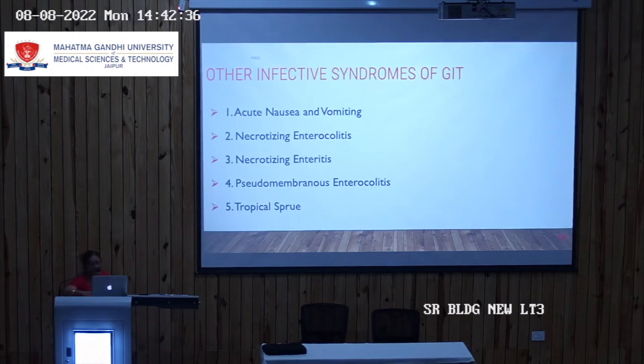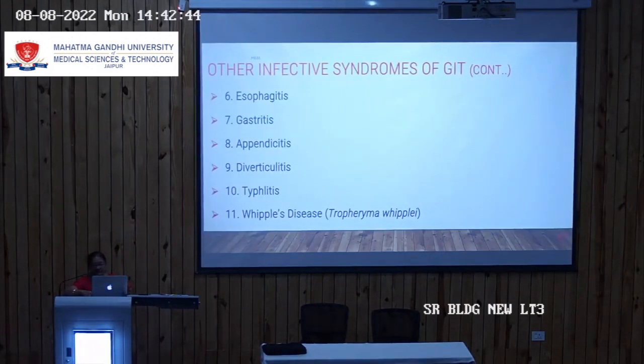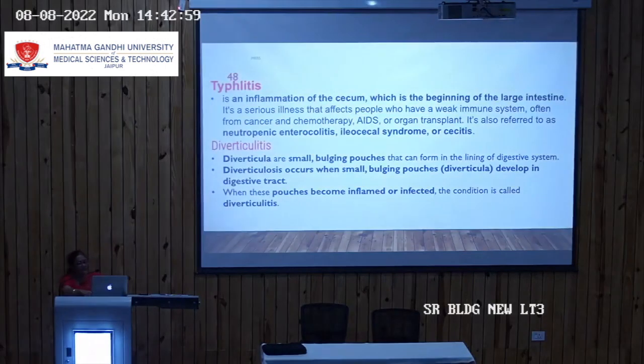Then it can be necrotizing enteritis, pseudomembranous enterocolitis, tropical sprue, esophagitis. You understand, it is the inflammation of the esophagus. Gastritis is the inflammation of the gastric mucosa. Appendicitis is inflammation of the appendix. Diverticulitis, typhlitis and Whipple's disease, I'll tell you.